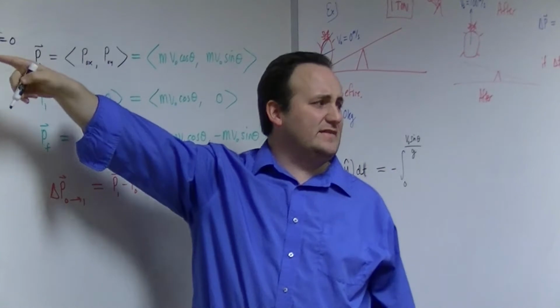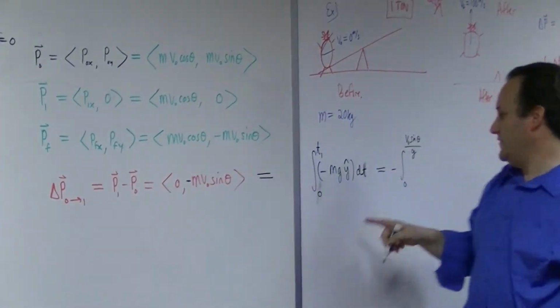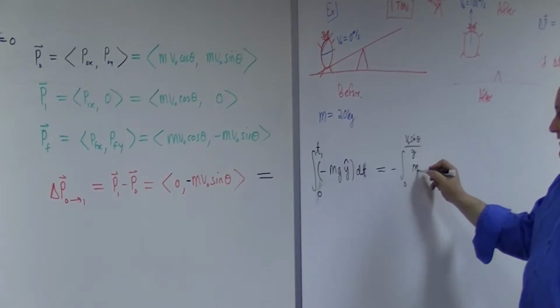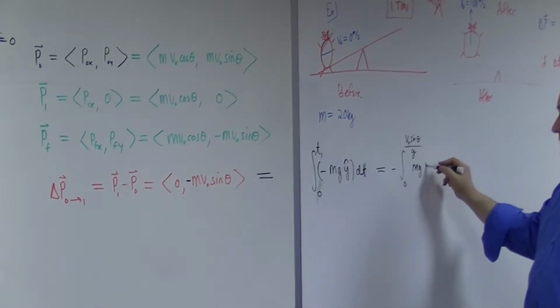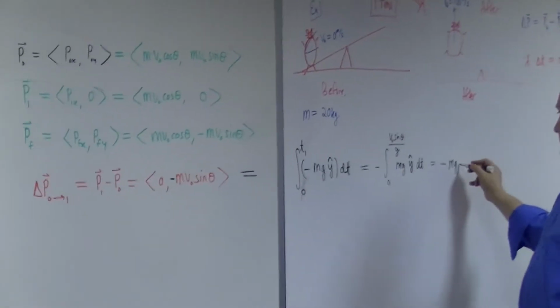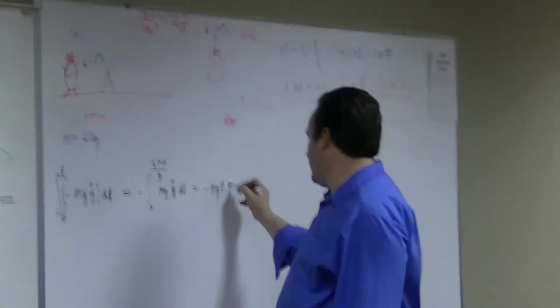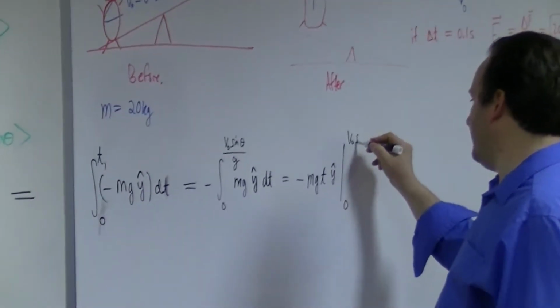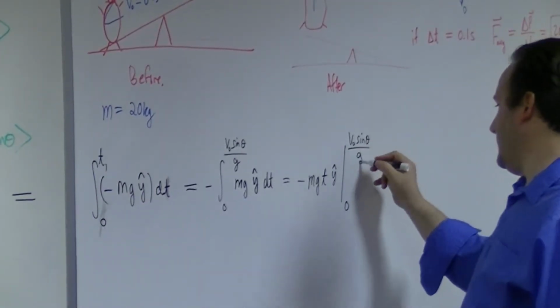So time 1 is actually v naught sine theta over g. So that's this time. And so I'm integrating mg, which is a constant, y hat, dt. So that is actually minus mg t y hat, evaluated from 0 to v naught sine theta over g. And guess what?